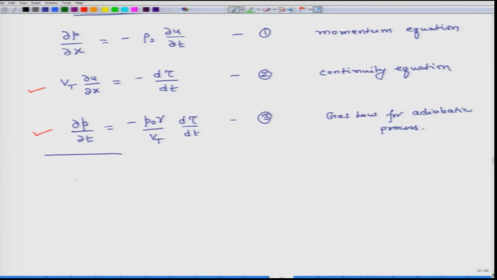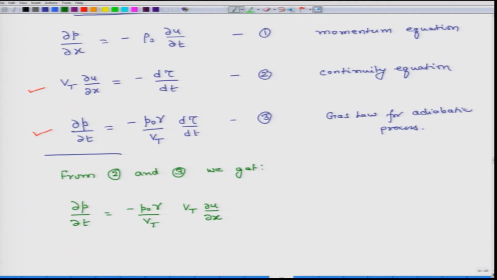From 2 and 3, del p over del t equals minus P naught gamma over V t, and d tau over dt is minus V t del u over del x.